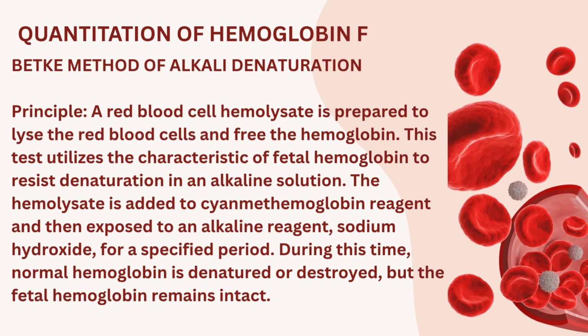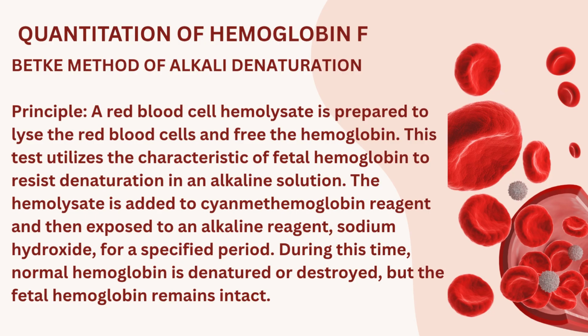Let's discuss first the principle of the Betke method of alkali denaturation. A red blood cell hemolysate is prepared to lyse the red blood cells and free the hemoglobin. This test utilizes the characteristic of fetal hemoglobin to resist denaturation in an alkaline solution.